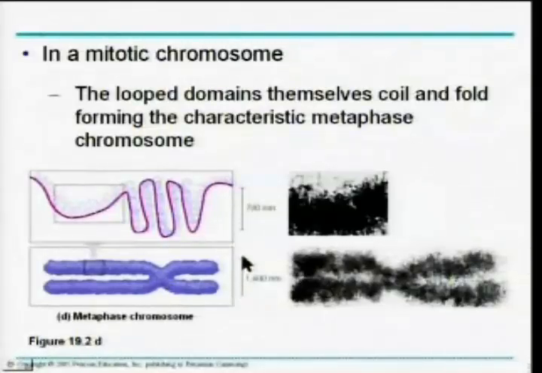And its overall width, we can't really say diameter now, overall width would be 1,400 nanometers. And here we see the actual transmission electron micrograph of one. So there we are with our duplicated chromosome, the sister chromatids here, one of a homologous pair.